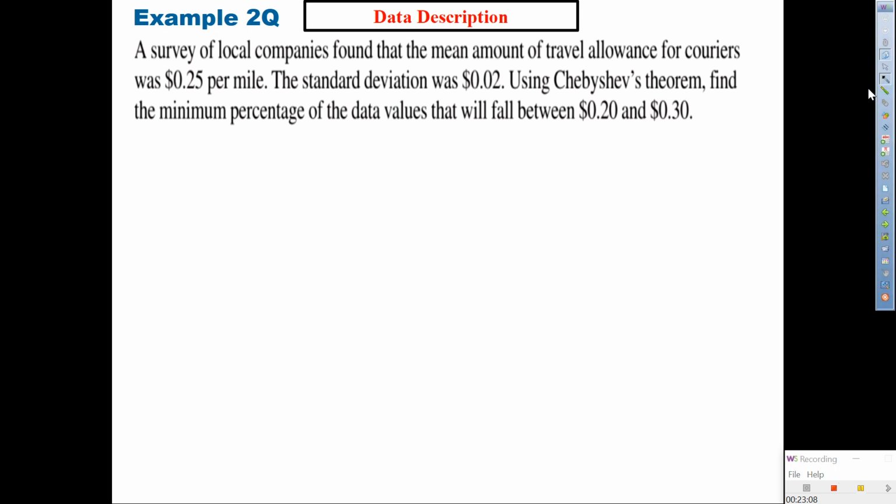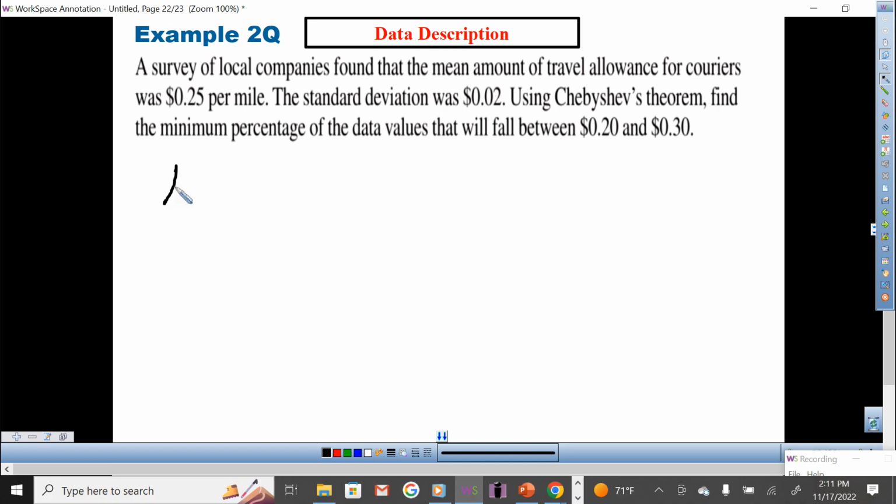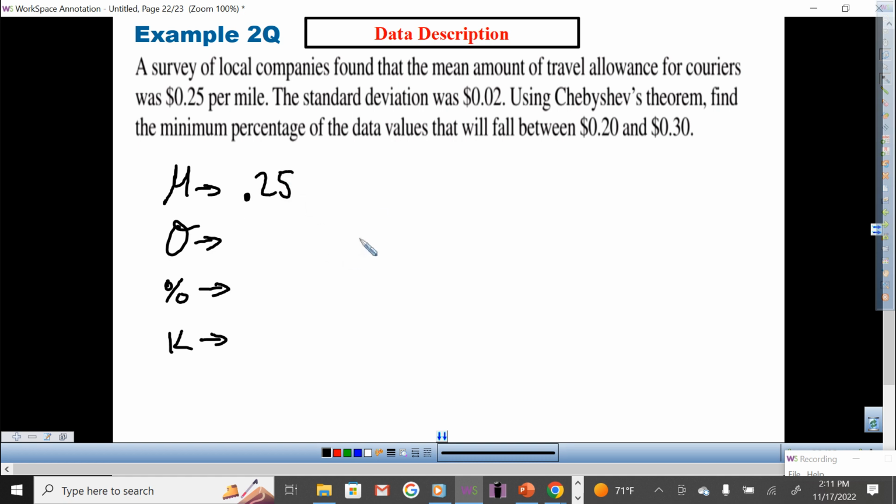So, to get started, let's start with organizing our information. We need a mean, a standard deviation, percent, and the number of the standard deviation. Okay, so do they give us the mean? Yeah, the mean is 0.25. Standard deviation, yes, 0.02.